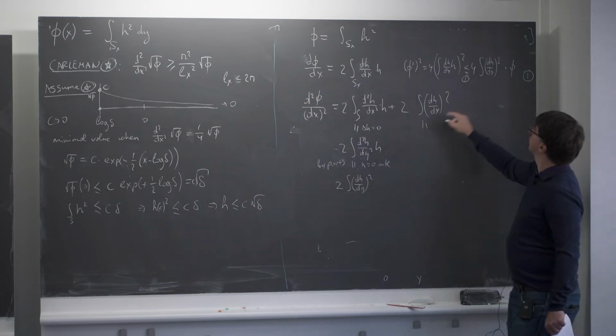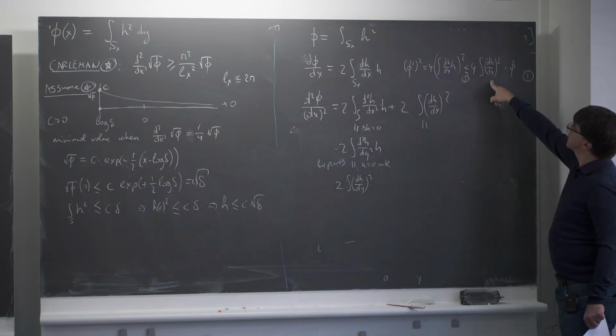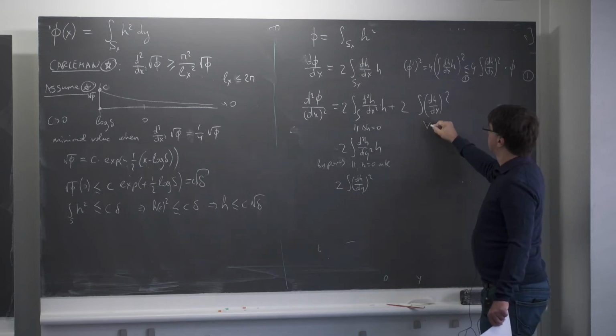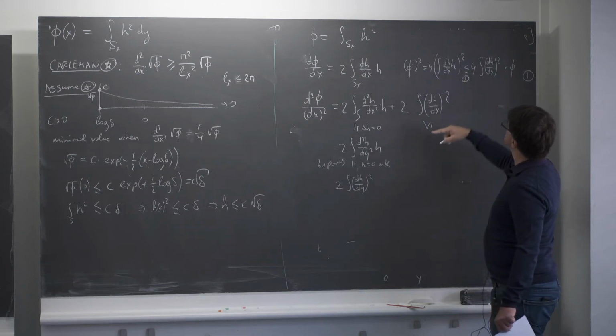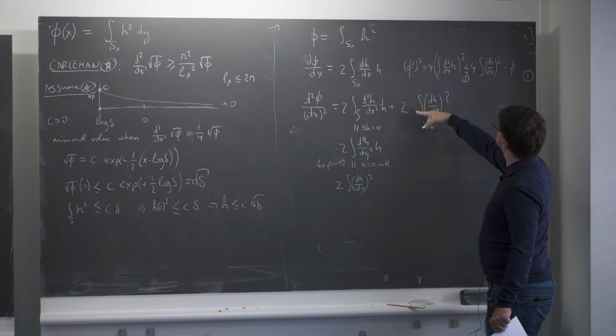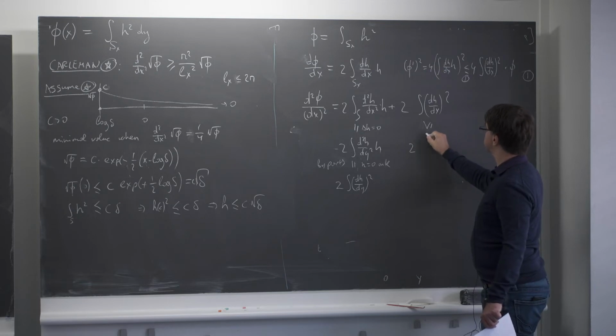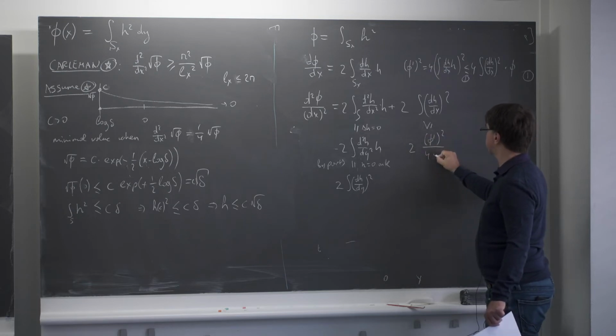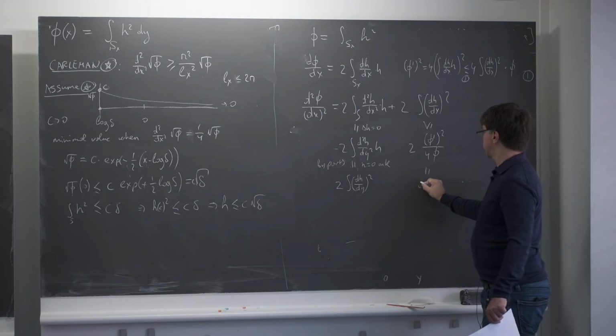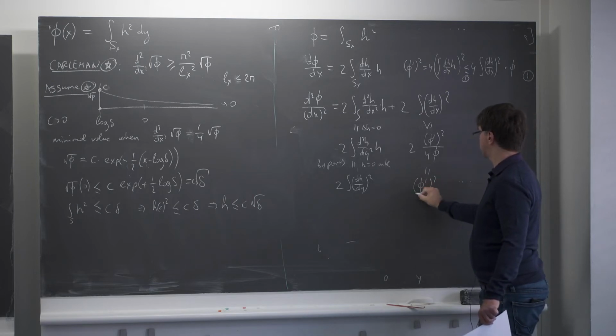The second term, on the other hand, we can use this estimate, so it will be at least, phi is moved to the other side, 2 is here, there was 4 there, so it is at least twice phi prime squared over 4 phi, which is phi prime squared over 2 phi.